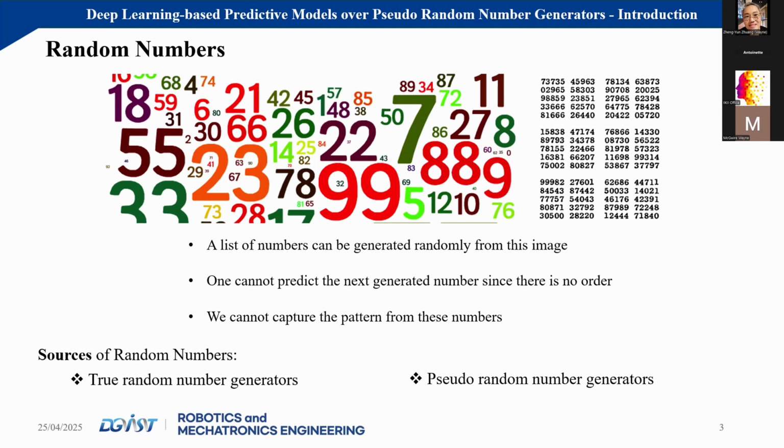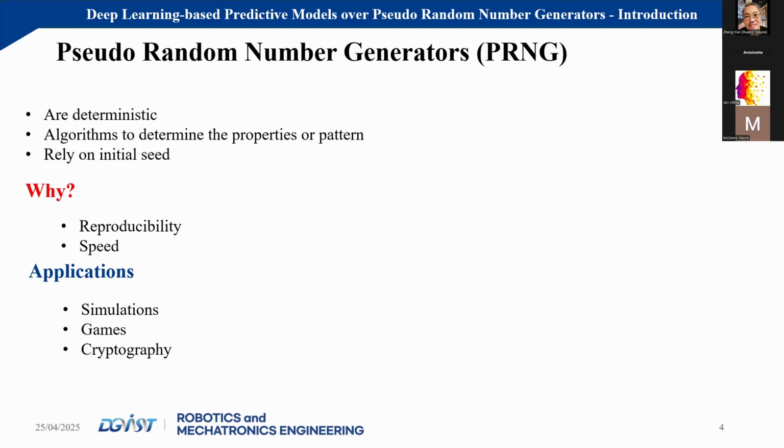Sources of random numbers can be broadly categorized into true random number generators and pseudo-random number generators. In this work, we focus on pseudo-random number generators. These generators have algorithms to determine their pattern and rely on an initial seed. The reason for pseudo-random number generators is due to their productivity and speed, and they are applicable in simulations, cryptography, and games.